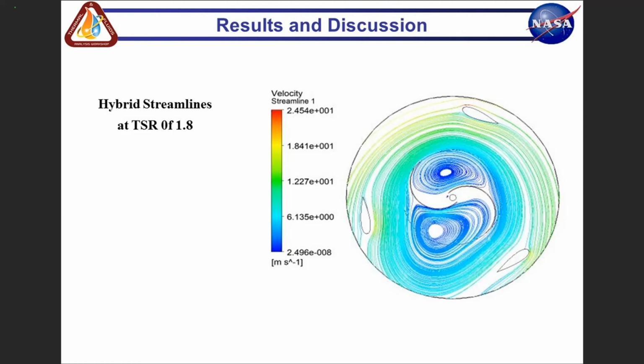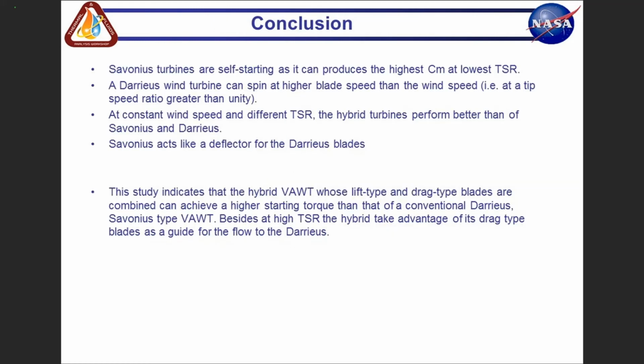We can conclude that the Savonius turbine serves as a deflector so that the Darrieus blade could perform better at higher values of tip speed ratio. So the hybrid turbine performance is enhanced by the advantage of the deflector, which is the Savonius turbine, making a deflector for the Darrieus turbine to enhance its performance.